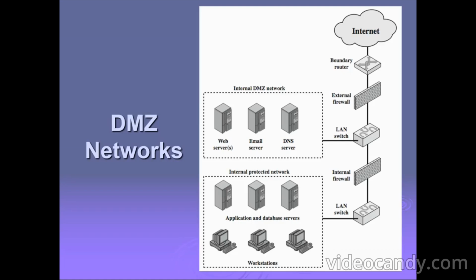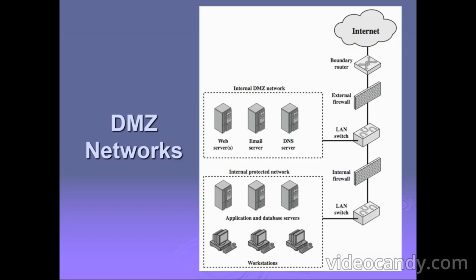The external firewall provides a measure of access control and also protection for the DMZ systems, consistent with their need for external connectivity. The external firewall also provides a basic level of protection for the remainder of the enterprise network.